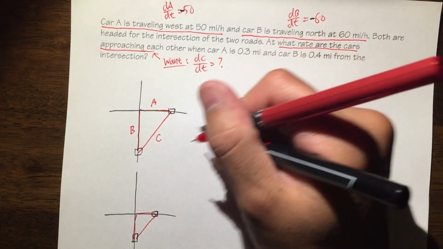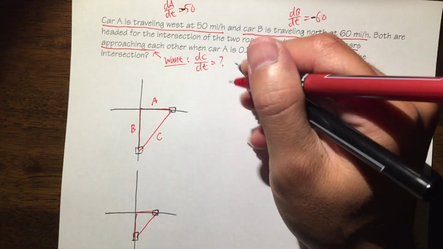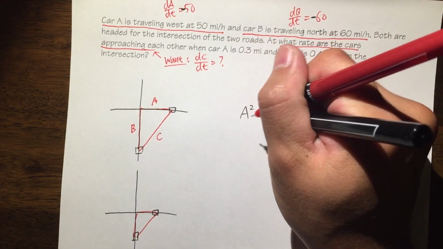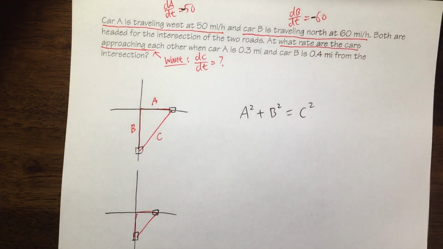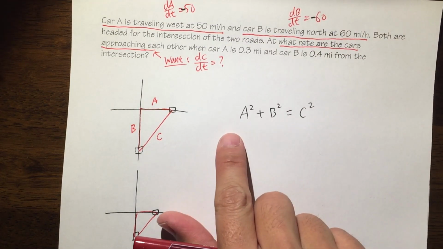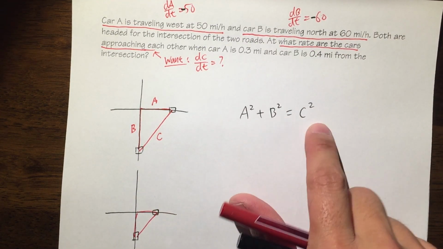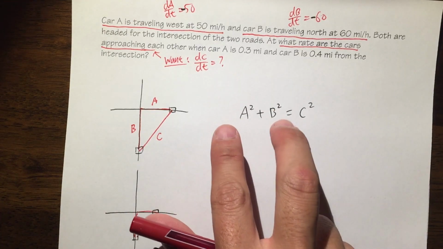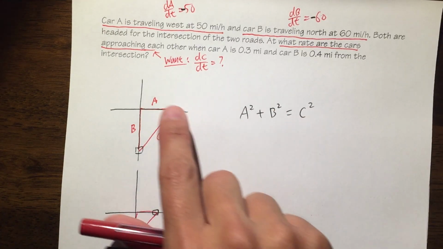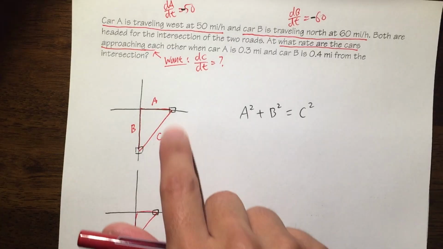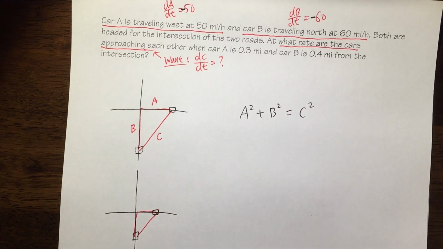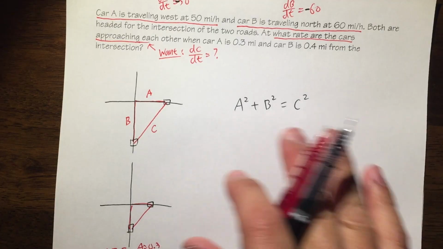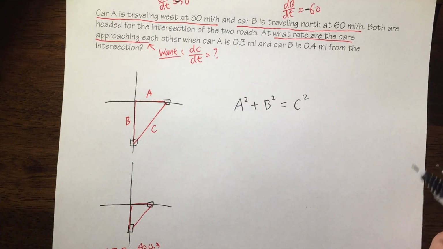Okay, so we can come back right here. We know here we have a right triangle. Of course, the famous a squared plus b squared equals c squared. And notice I wrote down a, b, and c right here. This equation has 3 variables because once again, they are all changing. They are all functions of time. I cannot plug in any numbers right here. You can only do so if you have a constant, just like the previous example.